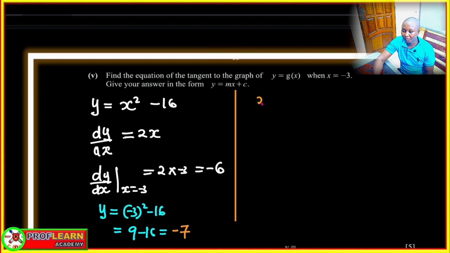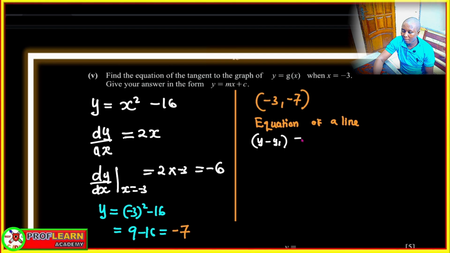And for you to find the equation, we have the point where the tangent is going to pass. Then we also have the gradient. Then we can find the equation of the line using the formula y minus y1 is equal to m into x minus x1, where y1 and x1 are the points where the line that you are finding the equation of passes.